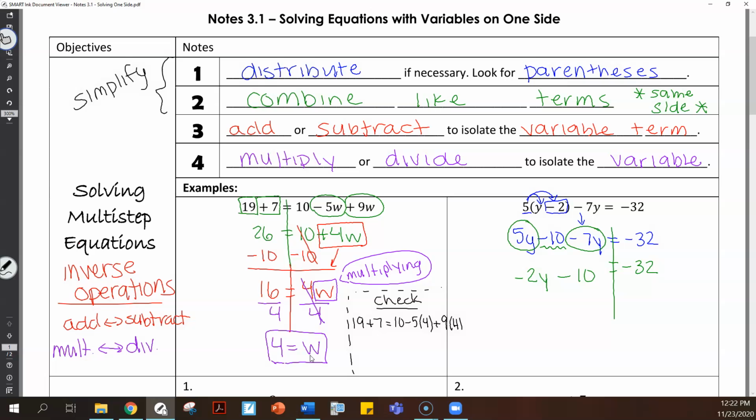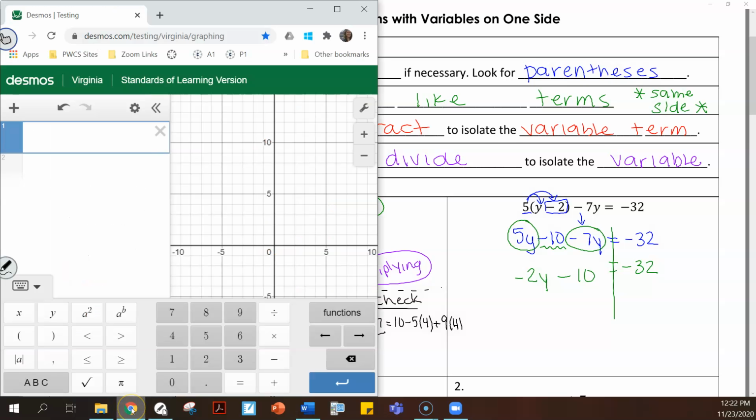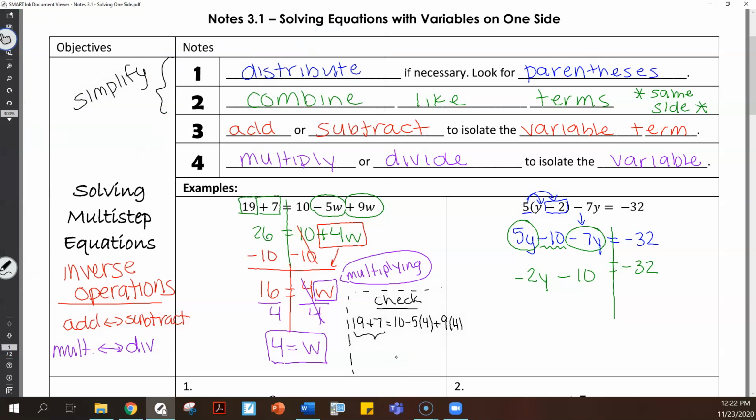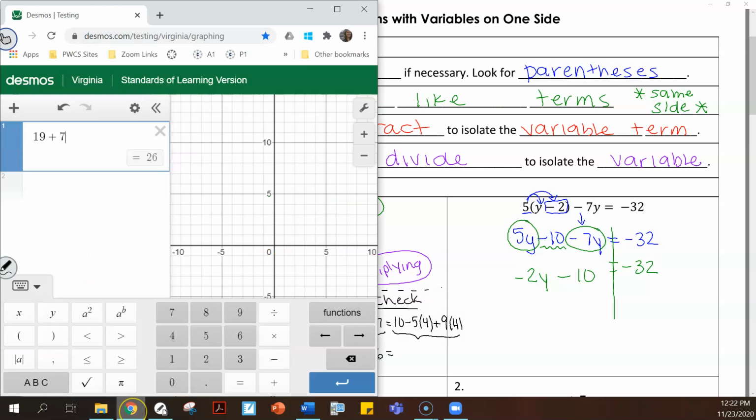Then I'm just going to simplify each side of this. 19 plus 7 gives me 26 on one side. Then 10 minus 5 times 4 plus 9 times 4. Again, I'm going to just simplify that side.